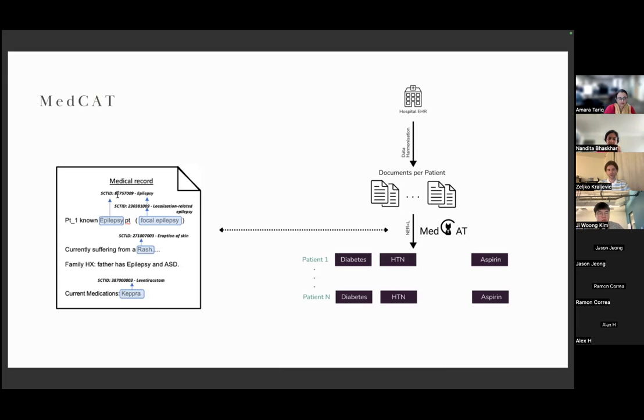We do support others too. I don't know if you know about UMLS or any of those, but it's basically extracting the entities, diseases, symptoms, medications, and then linking them to a biomedical ontology. This is a required step because in this way you standardize data. For example, you can have many different ways to mention the same thing in hospitals.